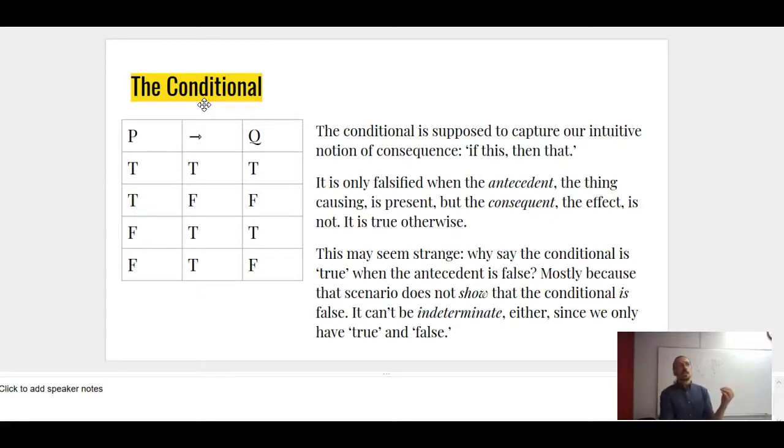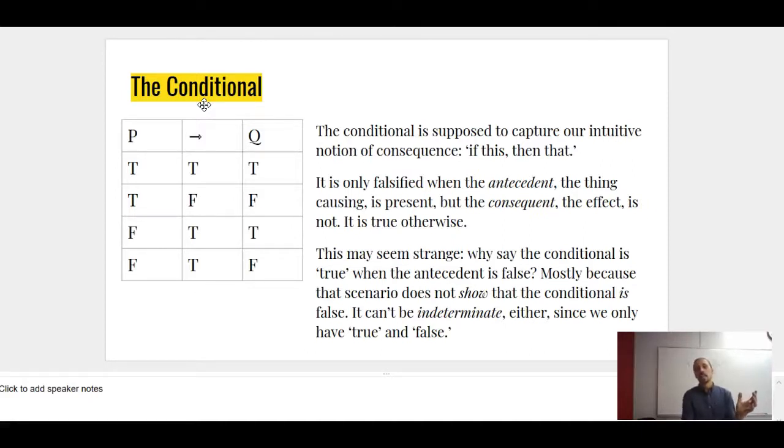So if I say, if I go to my friend's house, I'll play video games, and I don't end up going to my friend's house, why would that conditional still be true? Why wouldn't it be indeterminate, because you don't know what would have happened? Well, because it wasn't falsified. And roughly speaking, what we're really interested in is the falsification conditions of a statement.